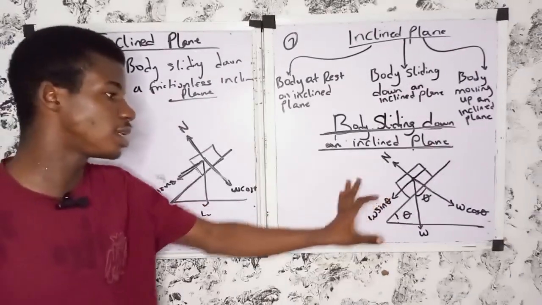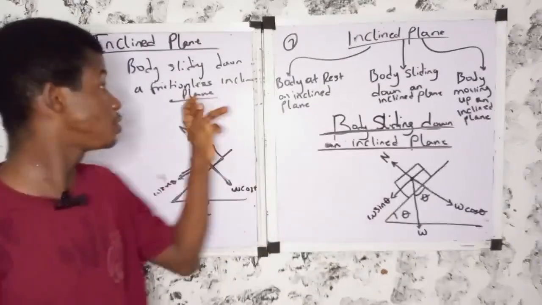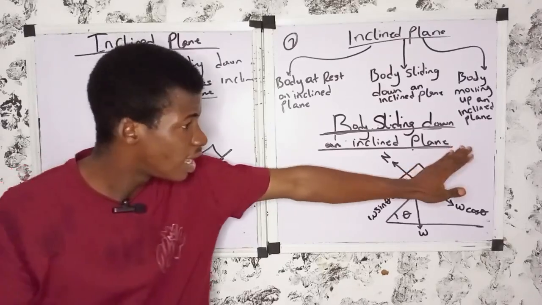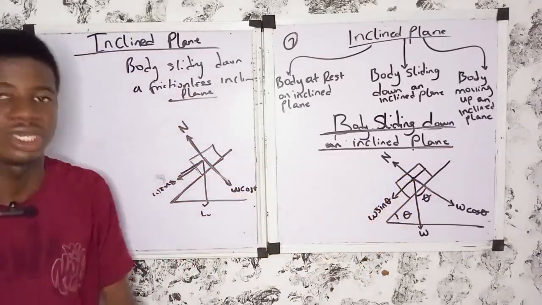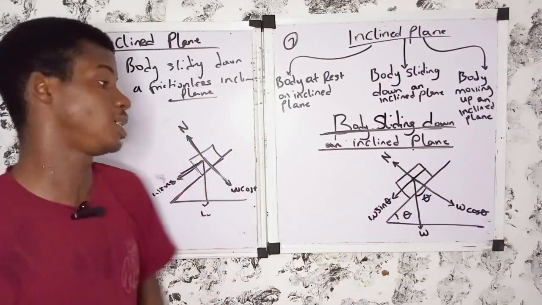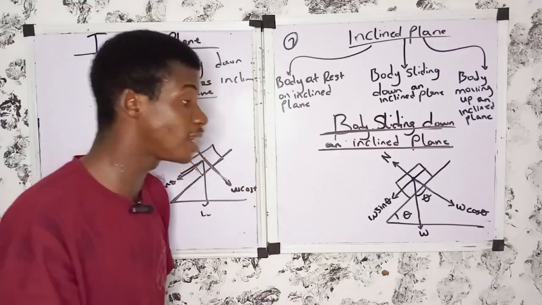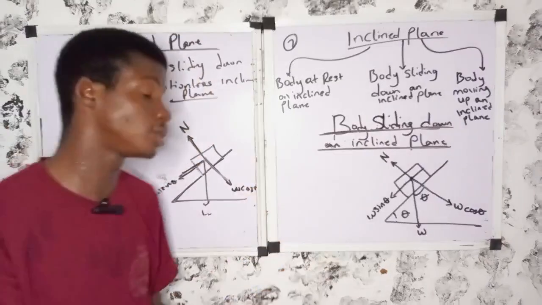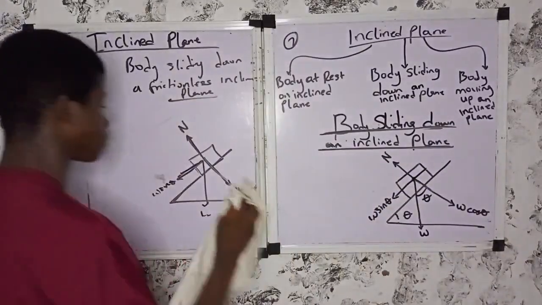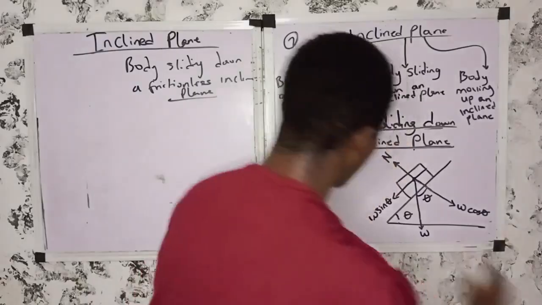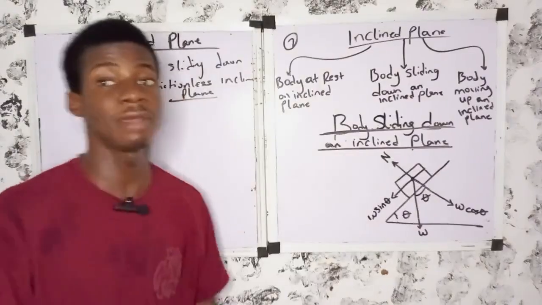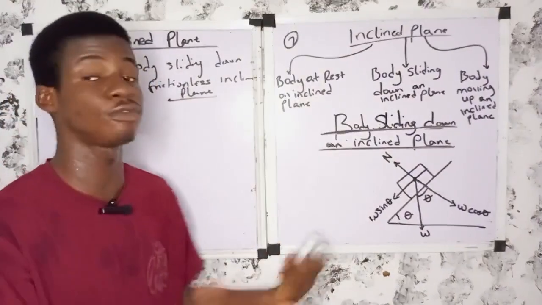So how many forces are acting parallel to the plane in a frictionless inclined plane? It's just one, which is W sine theta, also known as the parallel component of weight. Remember, this is a frictionless inclined plane, so friction is not acting.